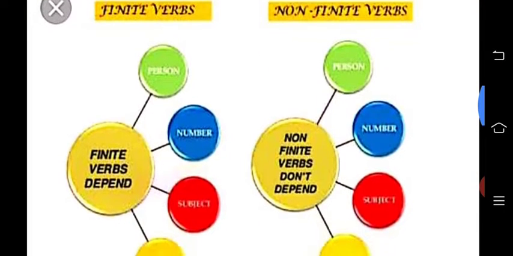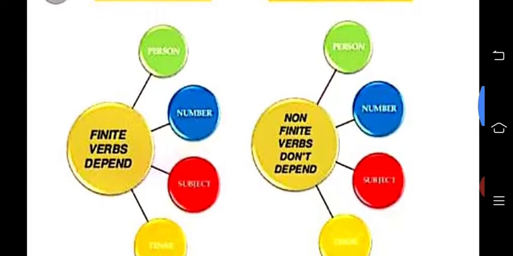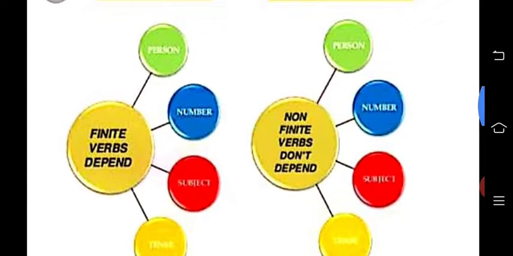Okay, then see, finite verbs depend and non-finite verbs do not depend on. Already we told finite verbs have a subject and show the tense form. So the finite verbs depend on person, number, subject and time. So note it down.